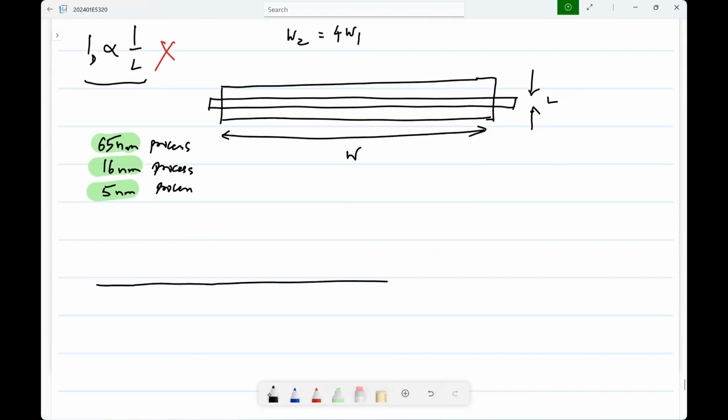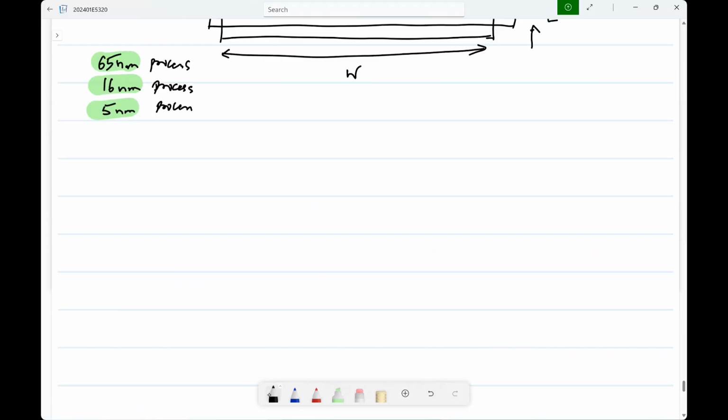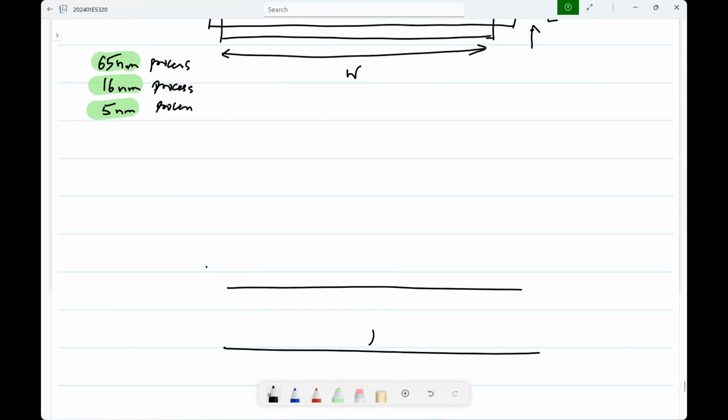So let me again show the cross section and the top view. This is a single MOS transistor, and from the top it will look like this.